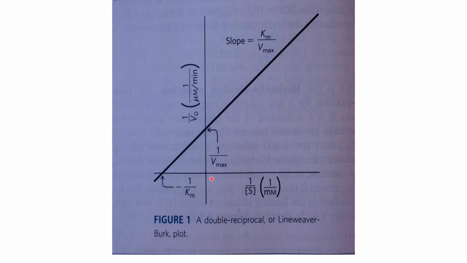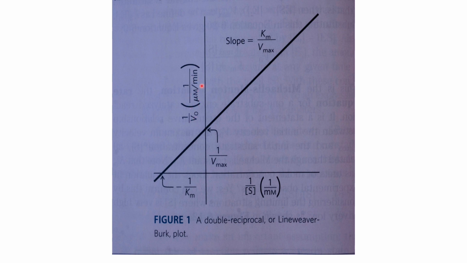This axis has the inverse of the substrate concentration, and this is in millimoles. And at the point where this intersects here, it's the equivalent to 1 over the Michaelis constant, in a negative integer here.